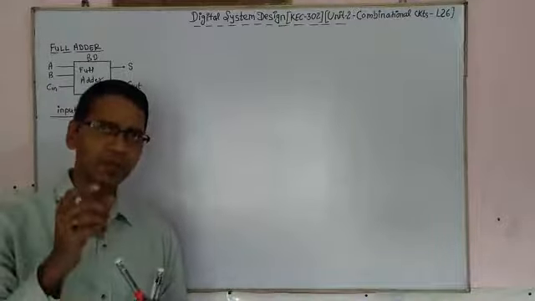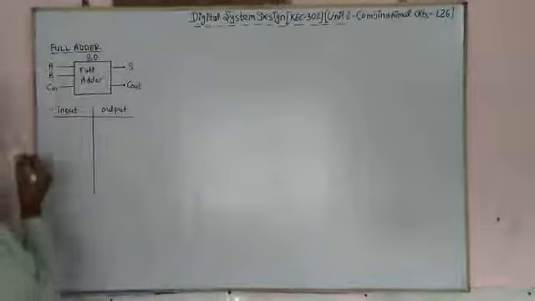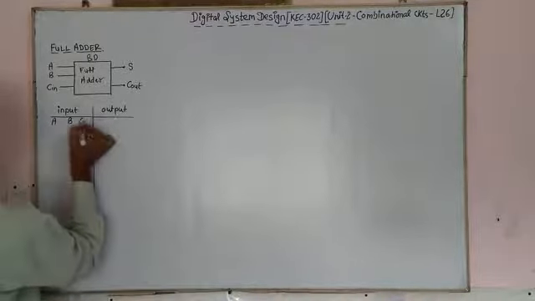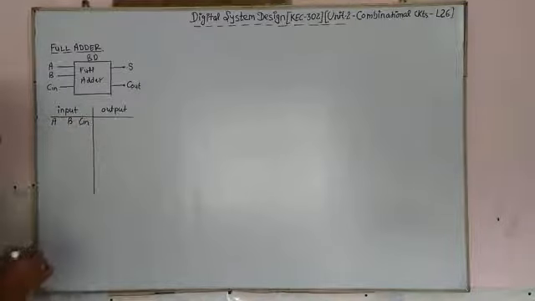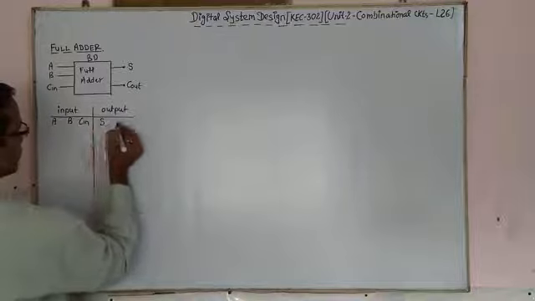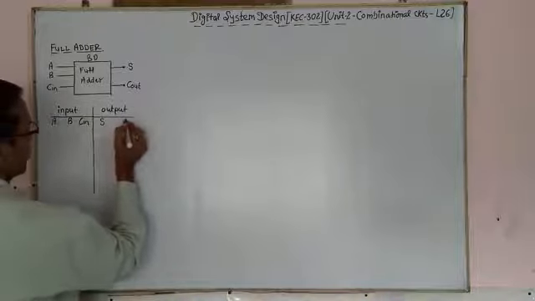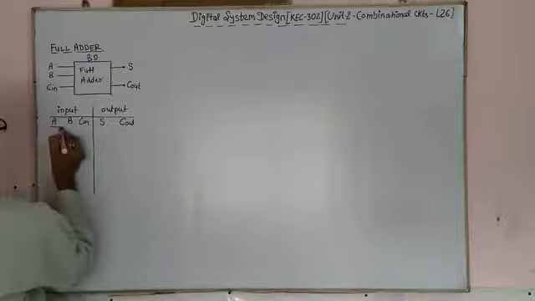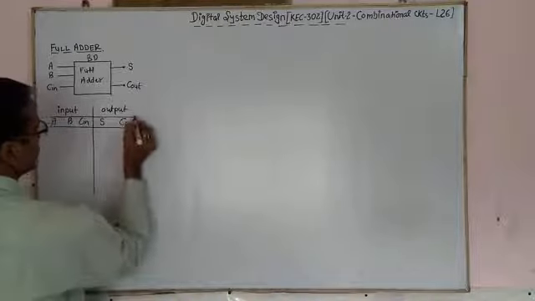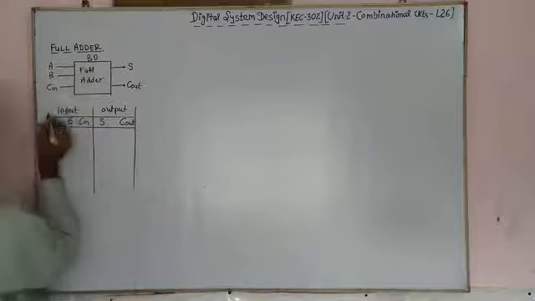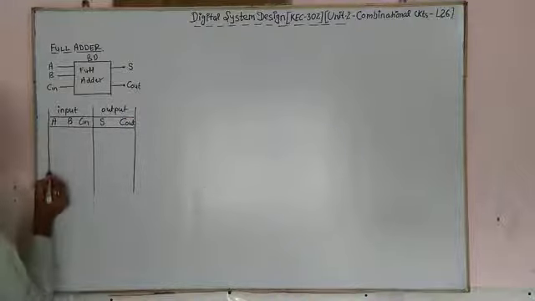A, B, C in, we have 3 inputs, and also we are getting 2 outputs. One is sum or add, and the other one is carry out.